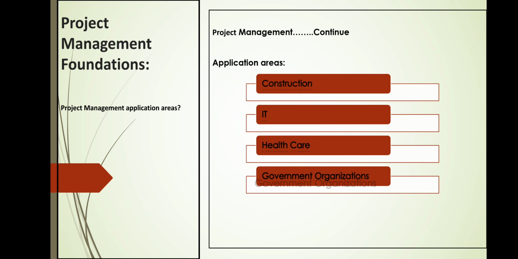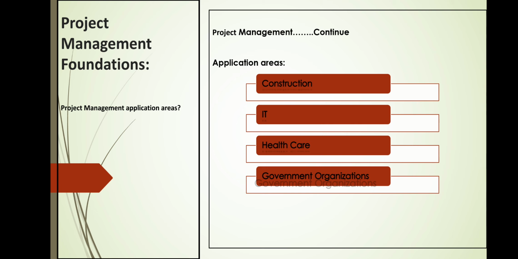So depending on the requirement, we do 5 project management processes, that is initiating, planning, executing, monitoring and controlling, and closing. And the knowledge areas, 49 processes we do as per requirement.